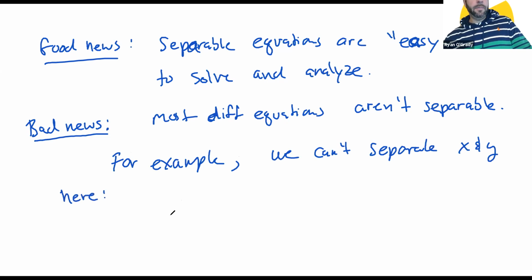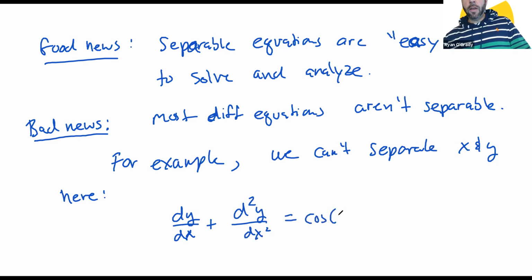What if I had something like dy/dx plus the second derivative equals, say, cosine of 5x? You can't get all the x's on one side and all the y's on the other.